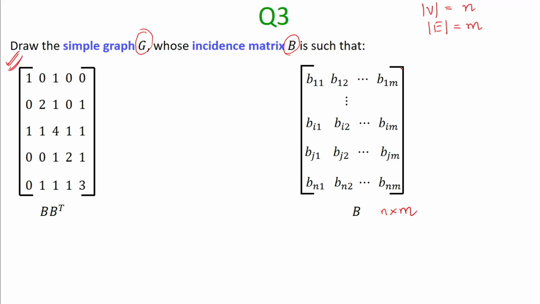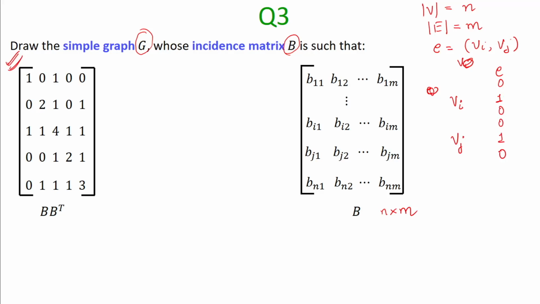And if the edge e is between the vertex vi and vertex vj, then in the incidence matrix, if we focus on the row number vi and the row number vj and the column number e, then under the column e, in the ith row we will have the entry 1 and in the jth row we will have the entry 1, and all other entries will be 0.